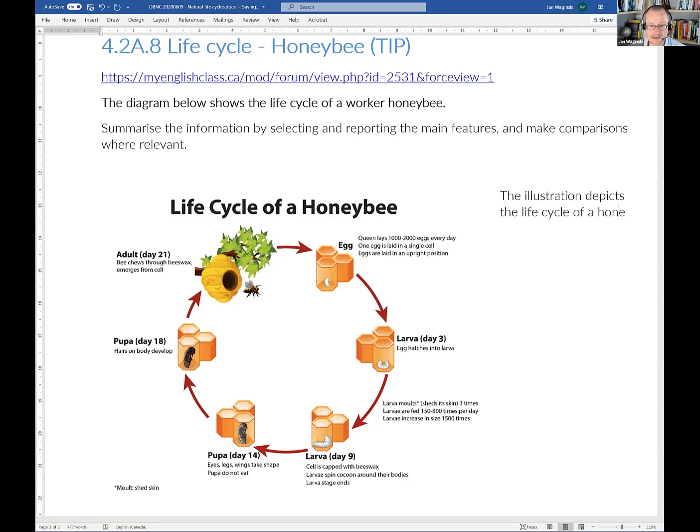We don't really have a synonym for life cycle, so just call it a life cycle. The life cycle of a honeybee in 4 stages. Okay, let's save that for our general overview.